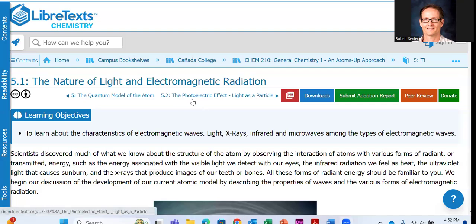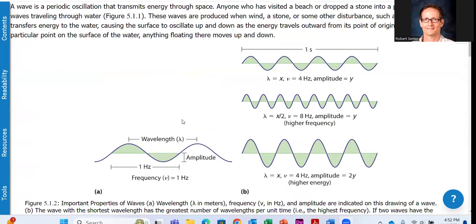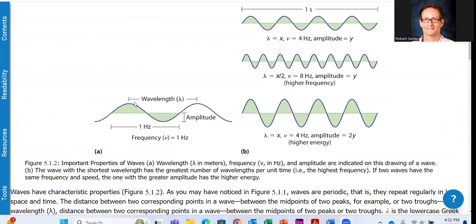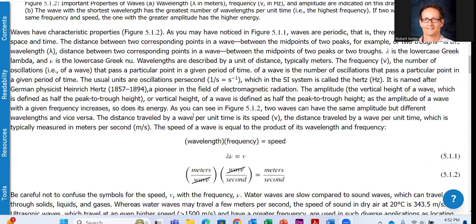All right, so a little intro into electromagnetic radiation. The basic thing is the relationship between wavelength, amplitude, and frequency, the standard measures that we have for waves.